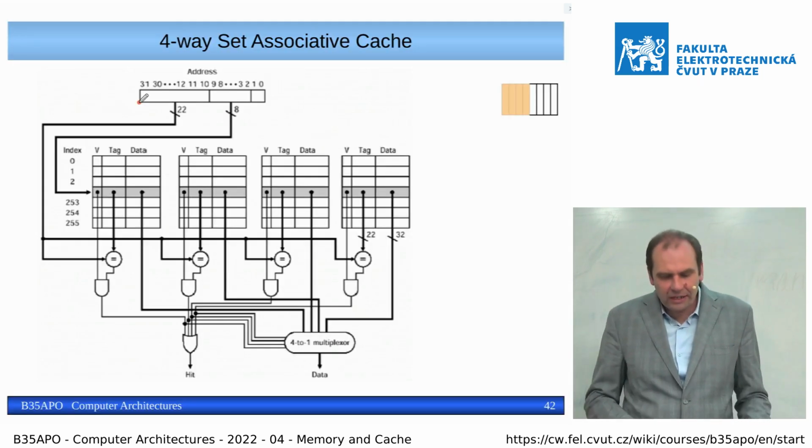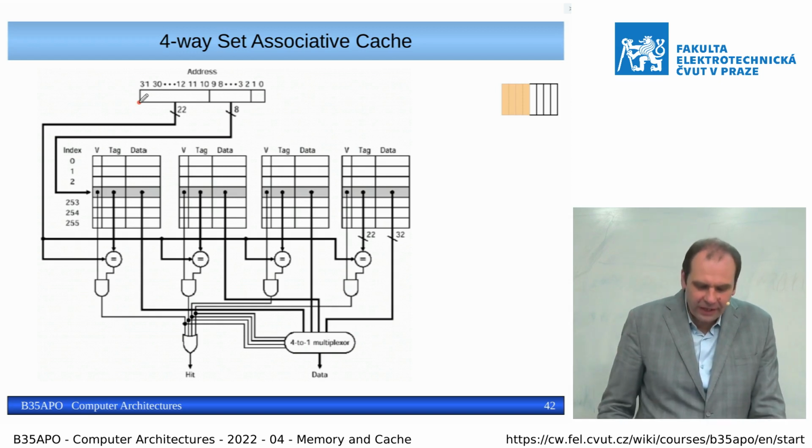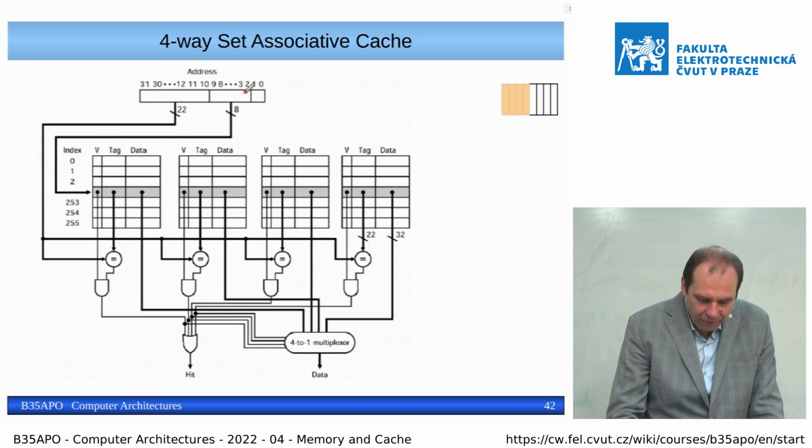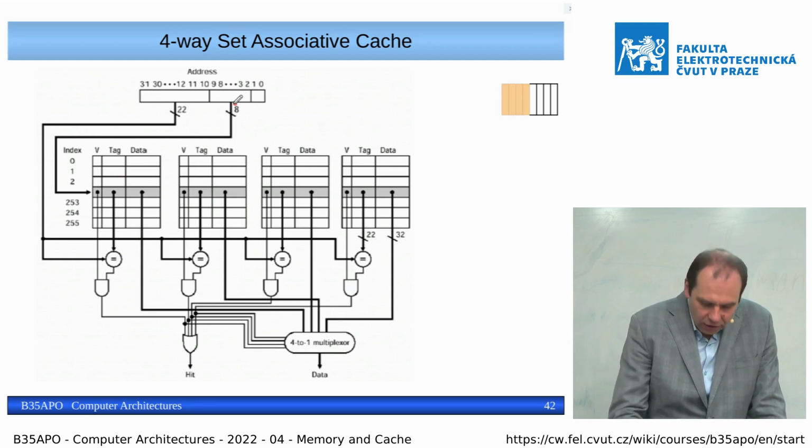And we can have an n-way set associative cache. So for example, 4-way, and at the moment when we have 4-way, the capacity is distributed to the 4 ways. So 4 times fewer rows.